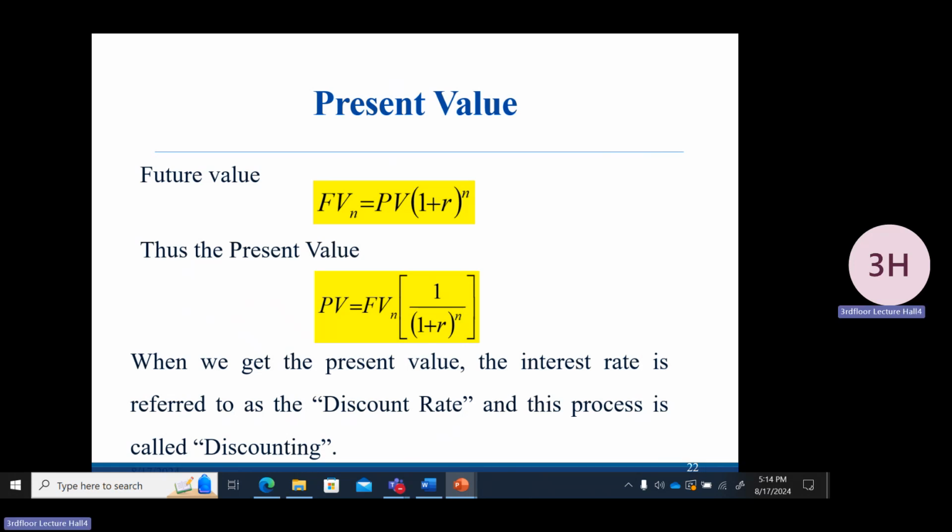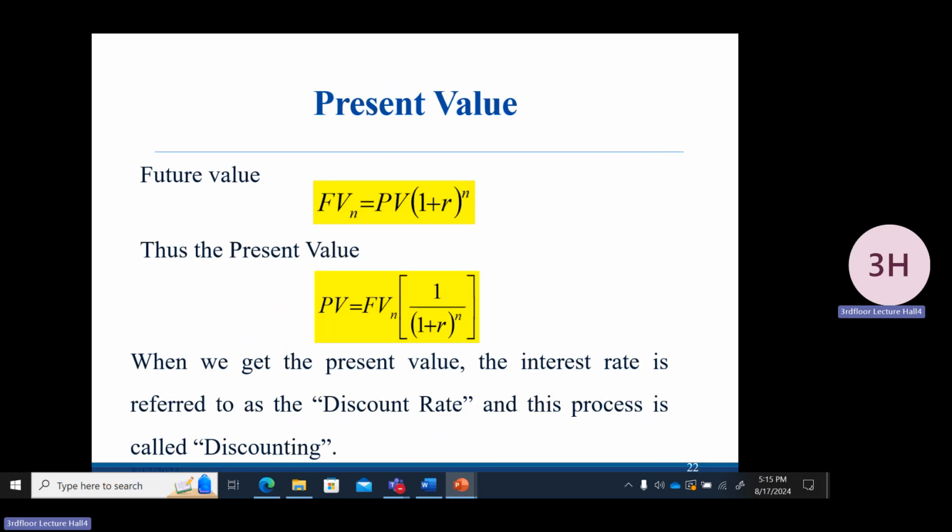So now present value is equal to future value into 1 over 1 plus r to the power n. Or 1 over 1 plus r to the power n, you can write as 1 plus r to the power minus n. So this is the present value of the single cash flow.